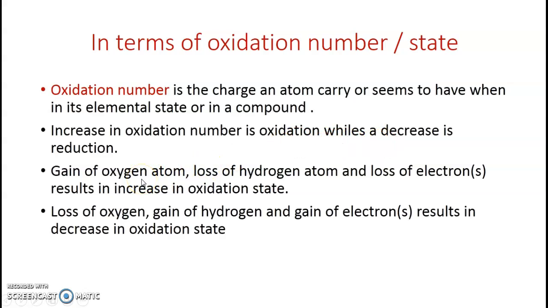As I've said previously, when you gain oxygen atoms, lose hydrogen atoms, or lose electrons, all this will result in your oxidation number increasing. That is oxidation. When you have loss of oxygen, gain of hydrogen atoms, or gain of electrons, this results in a decreasing oxidation number or state, and we say that is a reduction reaction.